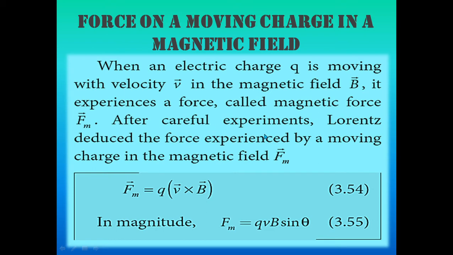After careful experiments, Lorentz deduced the force experienced by a moving charge in the magnetic field: Fm vector is equal to Q into V vector cross B vector. In magnitude, Fm is equal to QVB sin theta.